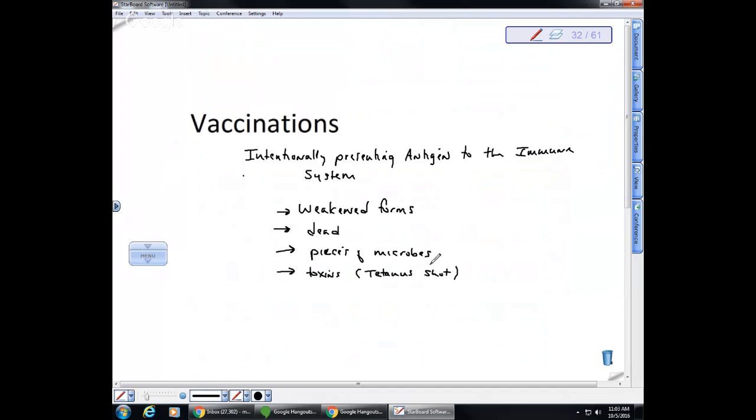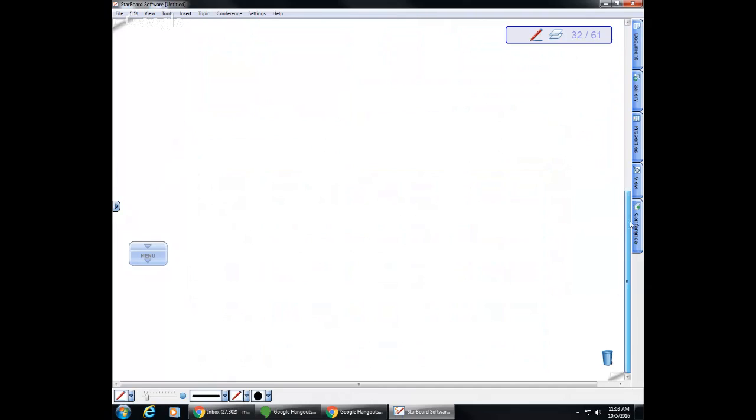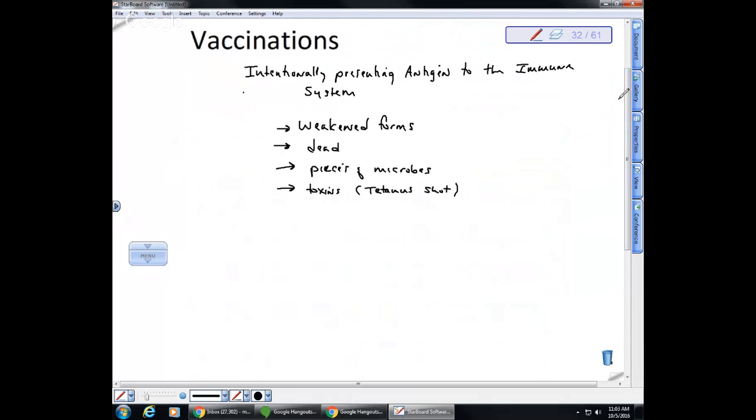Okay, so the first vaccination was really interesting historically, and it was developed for smallpox. And if you don't know the history of smallpox, the native peoples in North America and South America did not have any immunity to that particular virus.